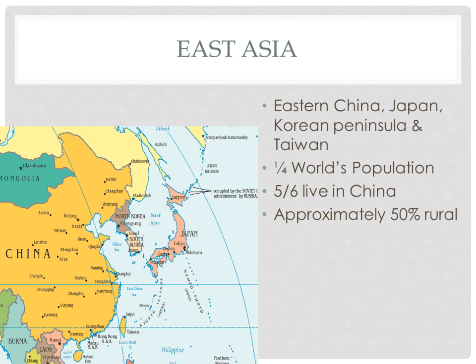Now, most of that rural population is in China because several of the other countries are fairly urbanized. And specifically, we're thinking of Japan and South Korea. Very urbanized, lots of their population living in cities. In fact, I have a statistic for you.